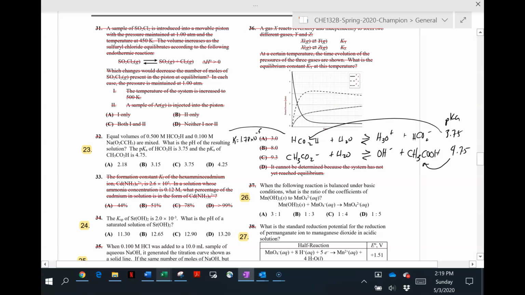For the second one, since this is the base, we're looking at the pKb, which is 14 minus 4.75, so pKb here is going to be 9.25. So our K for the second equilibrium is going to be 10 to the negative 9.25. That's going to be 1.8 times 10 to the negative 10th.